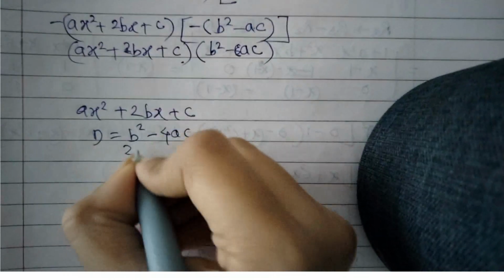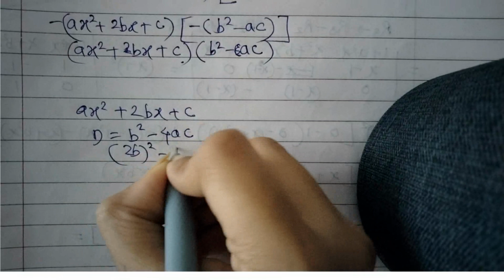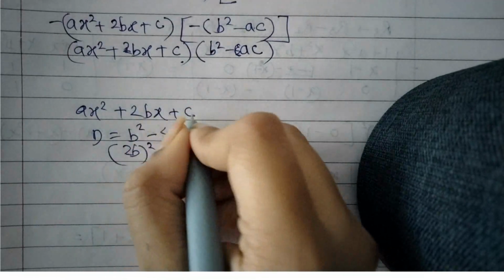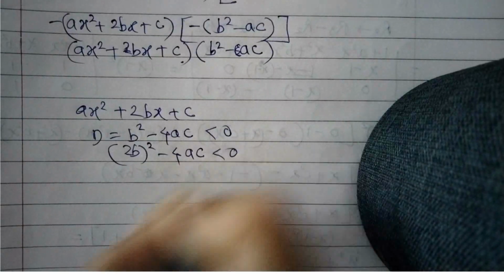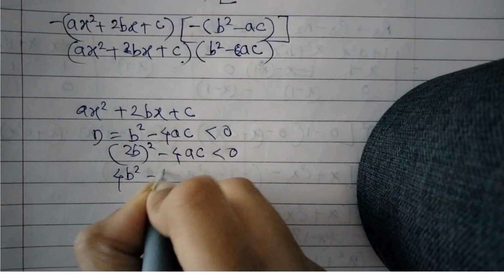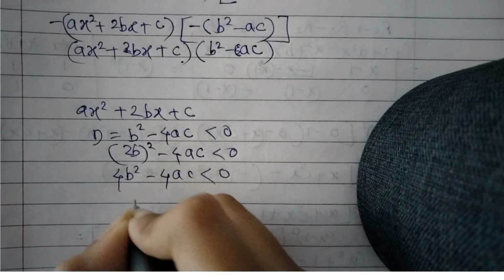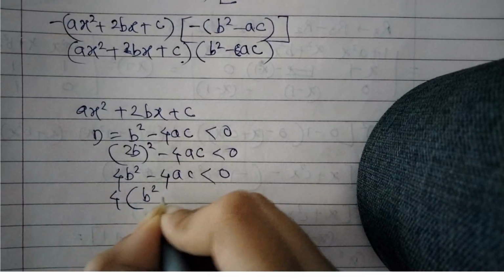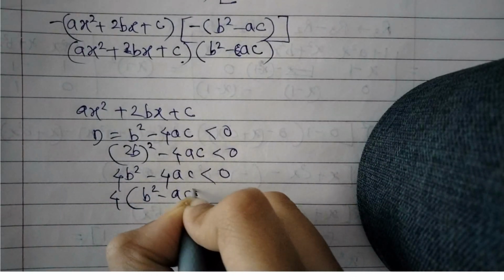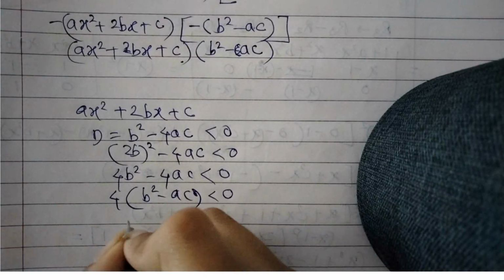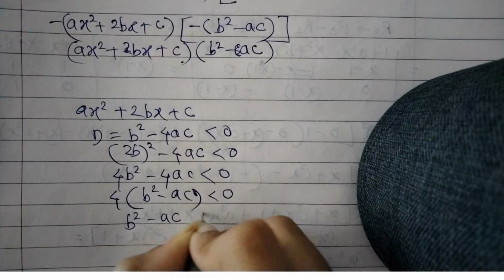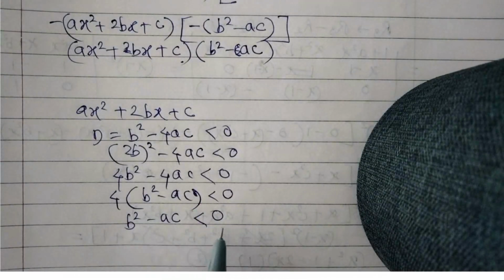So here b is 2b: 2b whole square minus 4 into a into c is less than 0. So 4b square minus 4ac is less than 0. If we take 4 common and divide by it, b square minus ac is less than 0. Means b square minus ac is a negative term.